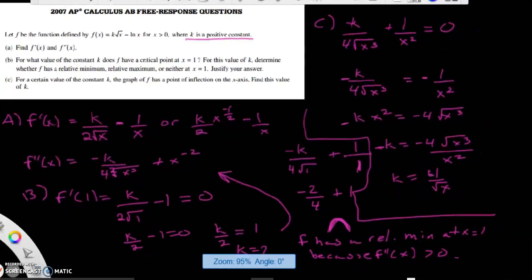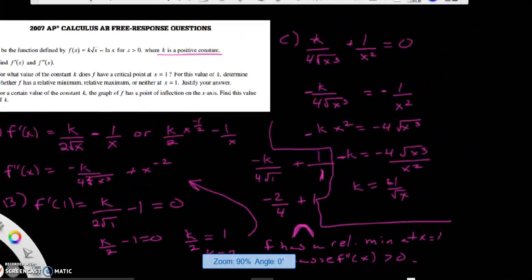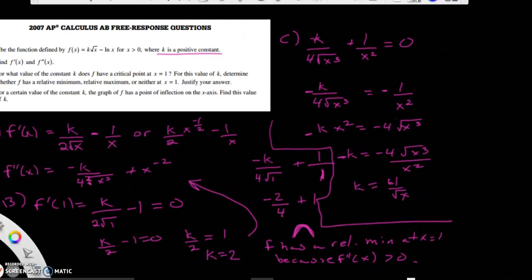Okay, so now let me move this over a little bit so I can do the rest of my work. If I go back to the original function and say 0 equals k root x minus ln of x, I can now say k root x equals ln of x, so k equals ln of x over root x.